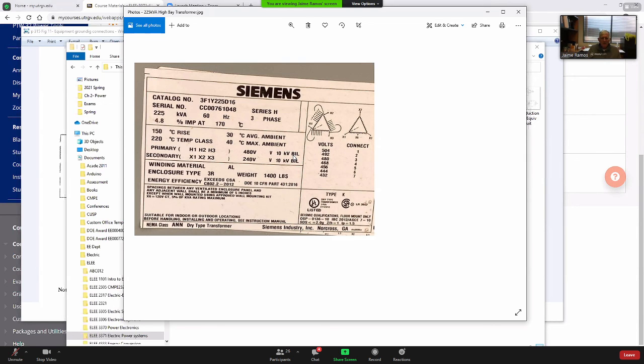So they call that basic impulse level. A lightning stroke is very brief, no more than 50 microseconds, but the transformer should be able to withstand it. Okay. The secondary, look, is also delta at 240 volts.